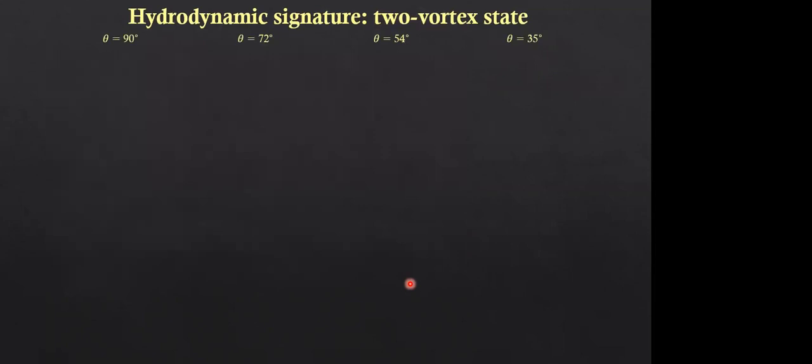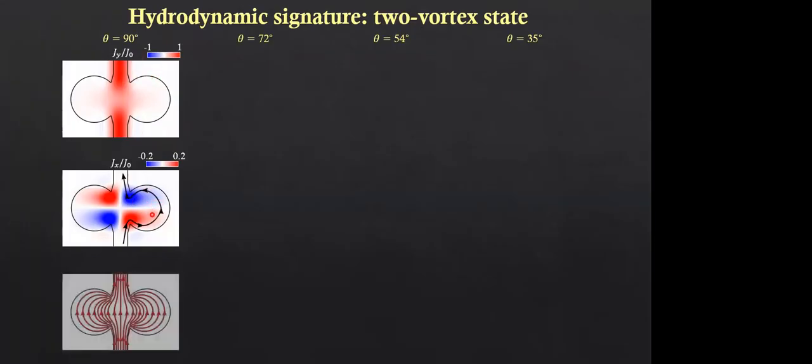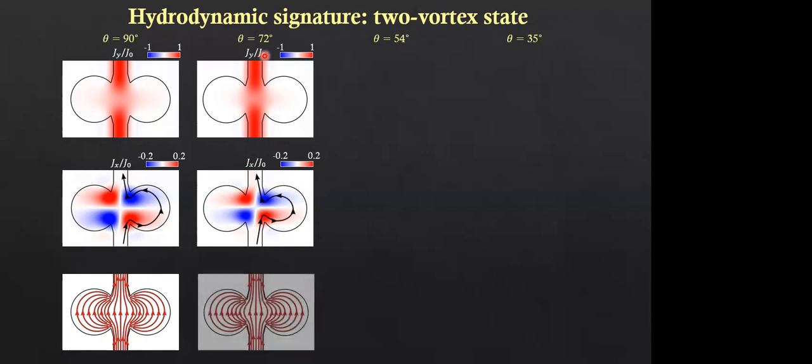So we take four different opening angles, and then we do the experiment, we measure Bz and find out Jx and Jy. For theta equal to 90 degree, this is laminar flow. This is ohmic simulation. For theta equal to 72 degree, we have laminar flow.